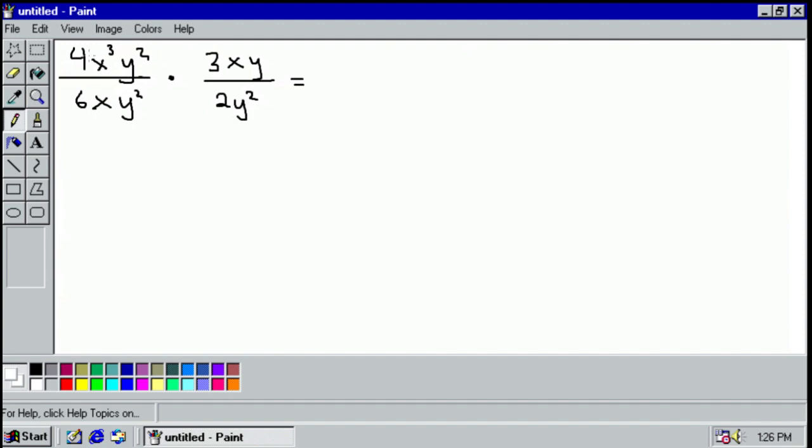So here, we're gonna multiply the numerator and the denominator. First, let's multiply the coefficients. We have 4 and 3, so 4 times 3, as we know, is 12. Then we're gonna multiply the variables.